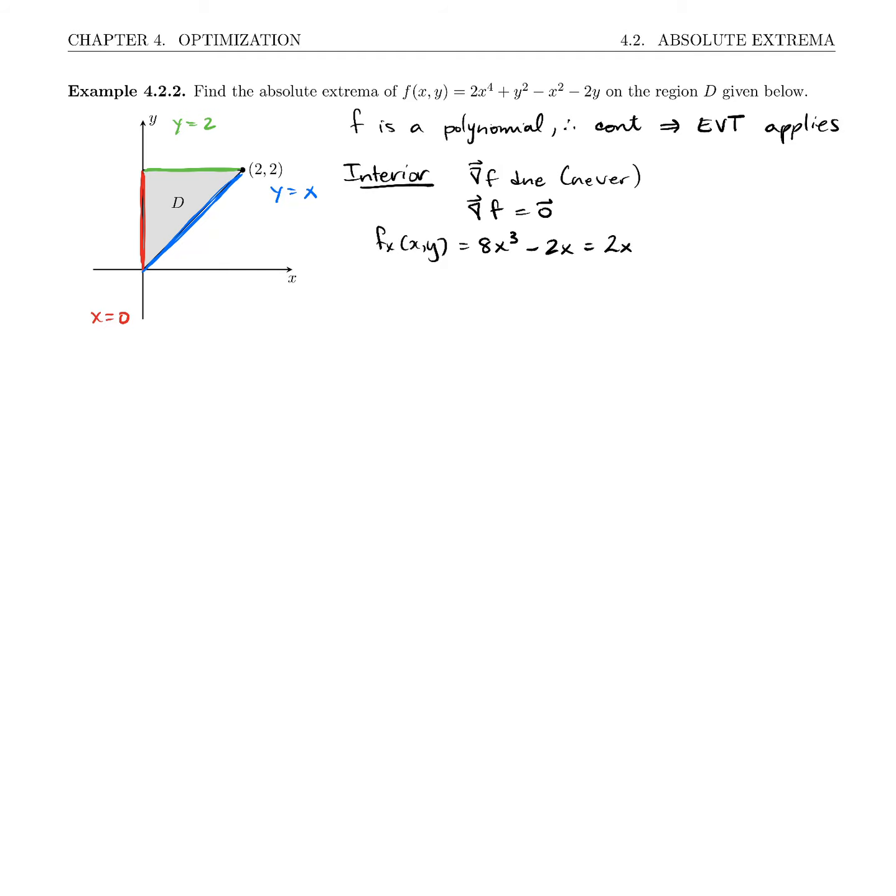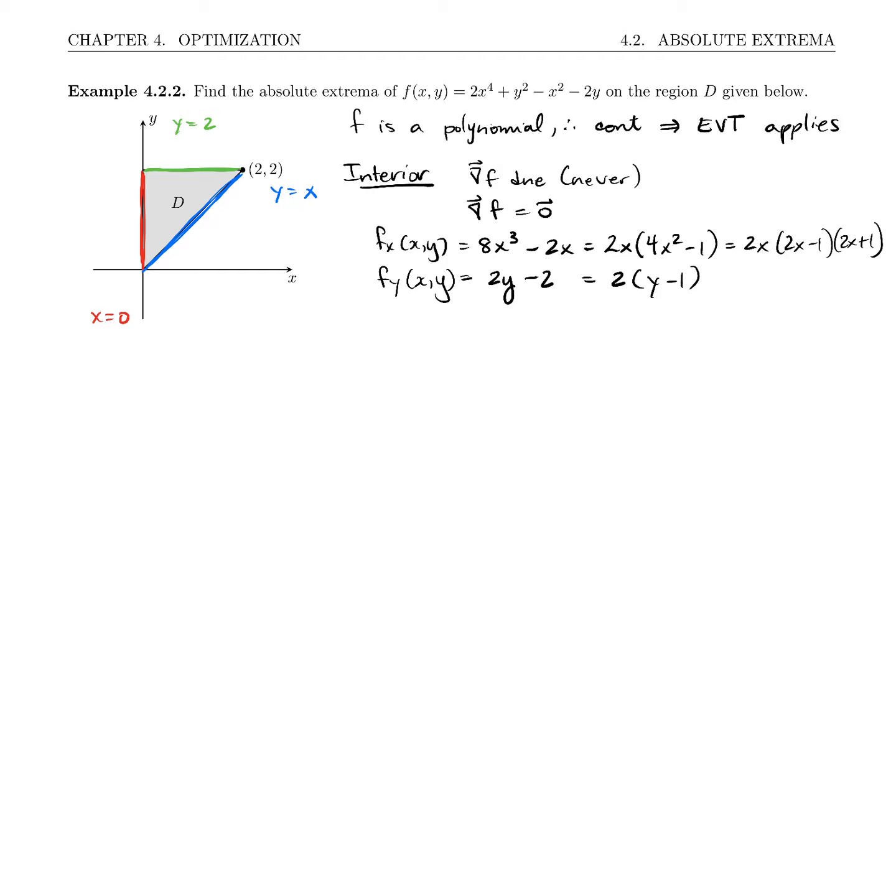If we bring out 2x, we have 4x^2 - 1, or 2x times (2x - 1) times (2x + 1). f_y(x,y) is 2y - 2, which can be factored as 2 times (y - 1).